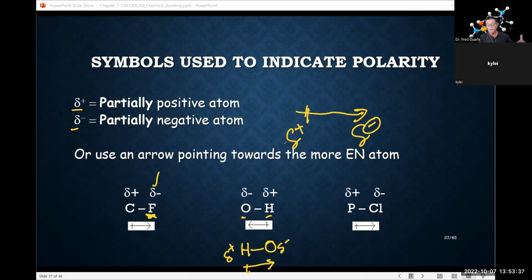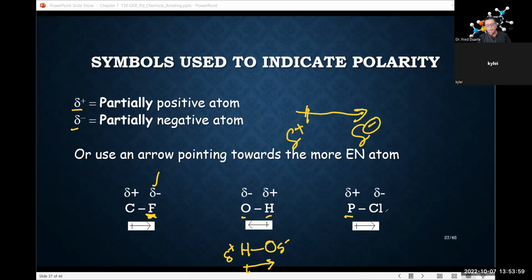It has a higher electronegativity, which means that for that bond, the electron density is being pulled toward oxygen more so than hydrogen, okay? Resulting in a partial negative area for the oxygen and a partial positive for the hydrogen.